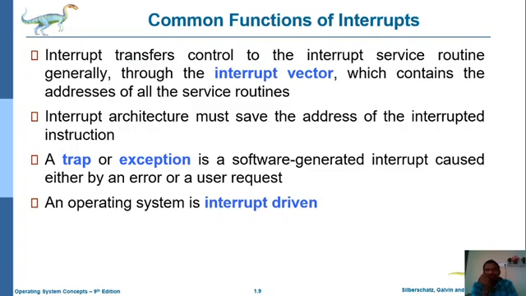Device controllers generate interrupts, and those developed or generated with the help of a program are called a trap or exception. So we use a program or software to generate interrupts, and those are called traps or exceptions.